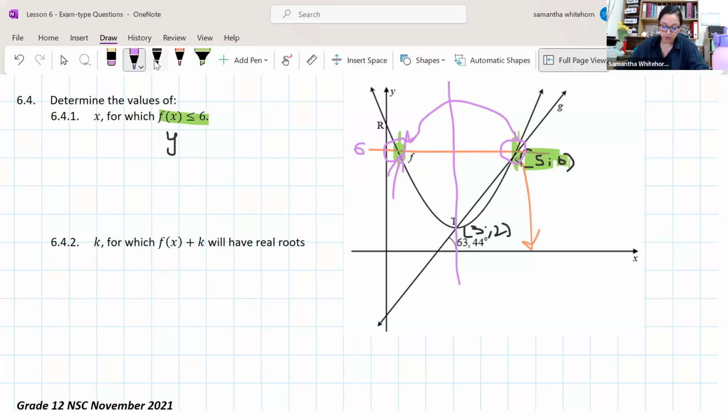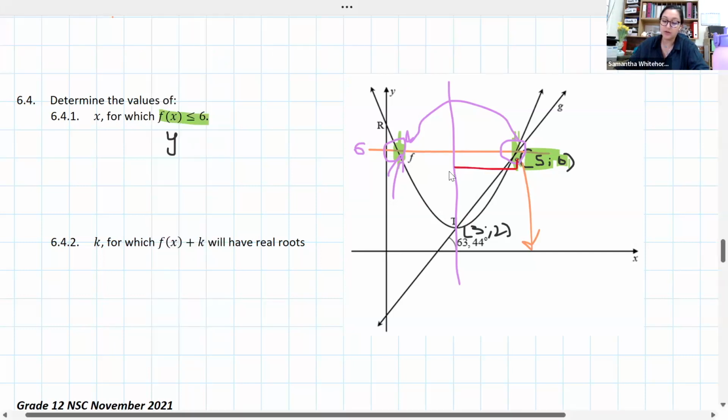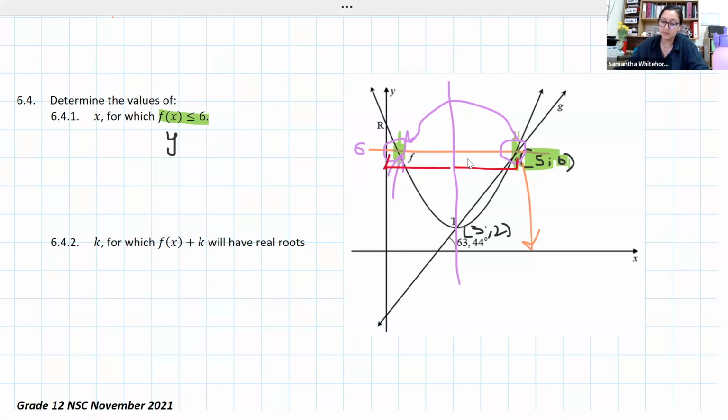The whole idea of a mirror image says to us that the distance from the line of reflection to the point you're working with is exactly the same on either side. So this vertical line has an x coordinate of 3.